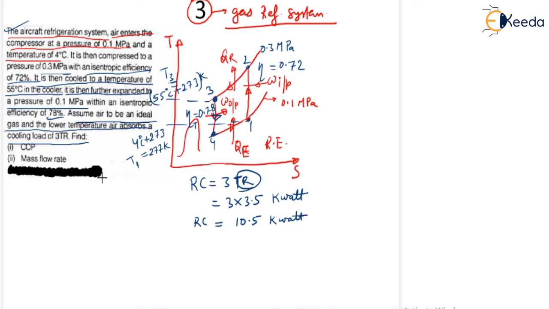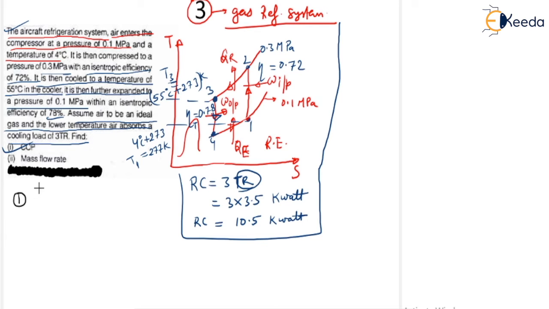very easy. Okay, now first of all in this question we have to calculate the COP. What is the value of this COP? So here, my dear friends, we can write a relation like that: T2 by T1 is nothing but the pressure ratio raised to gamma minus 1 upon gamma.